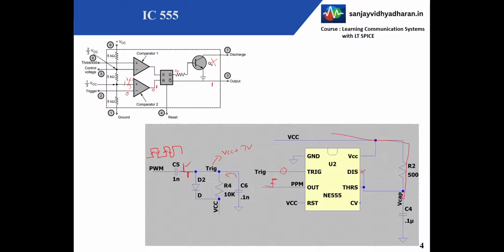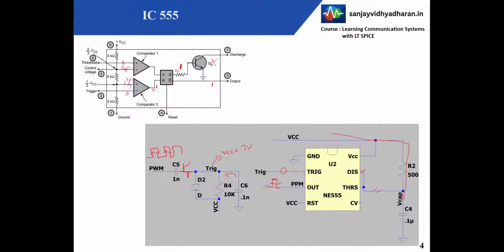This capacitor gets charged, and when this value reaches 2/3 VCC, because if you see here, this is coming from here, on the negative terminal I have given 2/3 VCC. So once this voltage goes beyond 2/3 VCC, this will be set to 1 again here, and the output would go to 0. So this will go to 1 and it will come back to a 0.